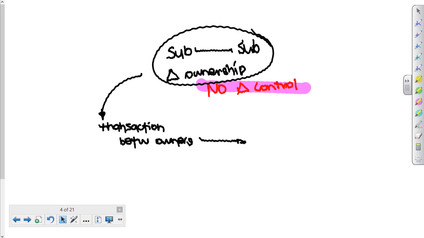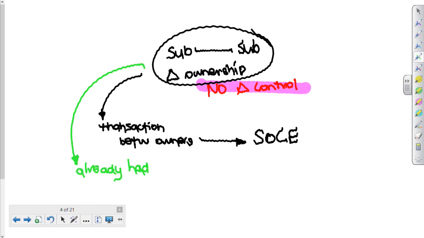And so therefore, this transaction between owners of the business belongs in the statement of changes in equity. The second thing I'm supposed to consider here is that I already had control.